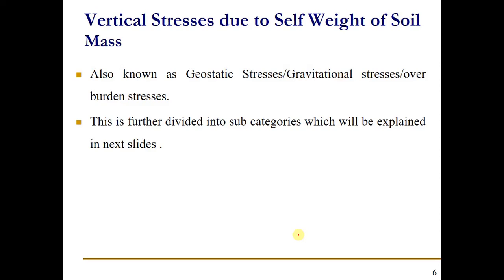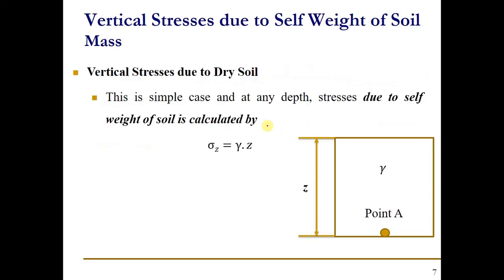Now, vertical stresses due to self-weight of soil mass are also known as geostatic stresses, gravitational stresses, or overburden stresses. This is further divided into subcategories, which will be explained in the coming slides.